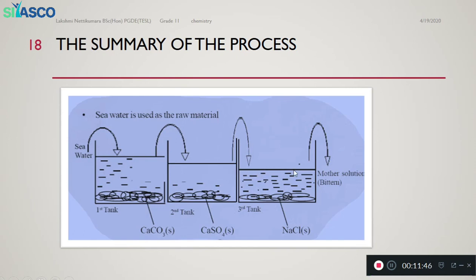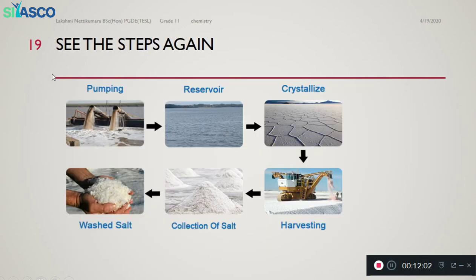There when the concentration comes to 10 times the initial concentration, sodium chloride, magnesium sulfate and magnesium chloride start to crystallize. This is the summary of the process.